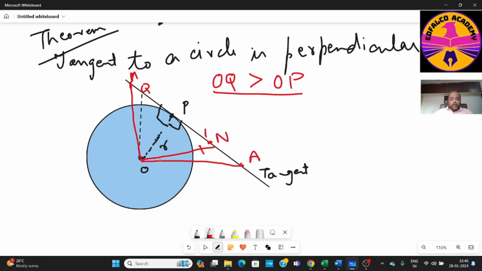All of these, OA, ON, OQ, OM, will definitely be greater in length than OP, because that is the shortest distance that I have. All other lines, as you can see from this picture, will have a higher distance. Now, what does this signify?